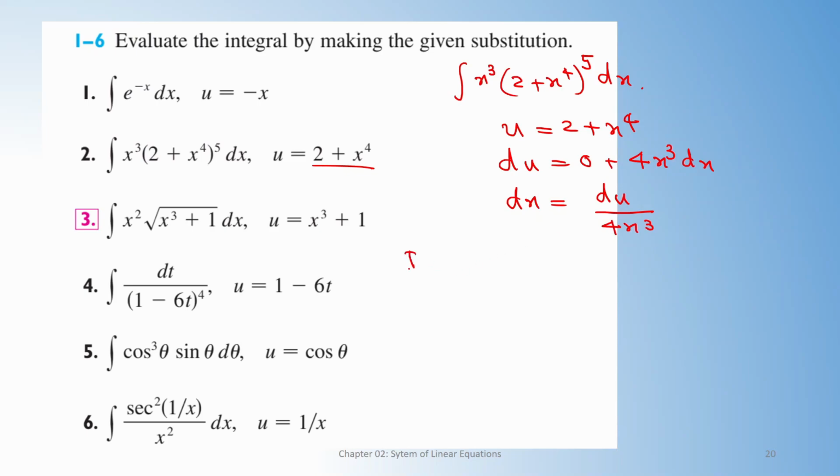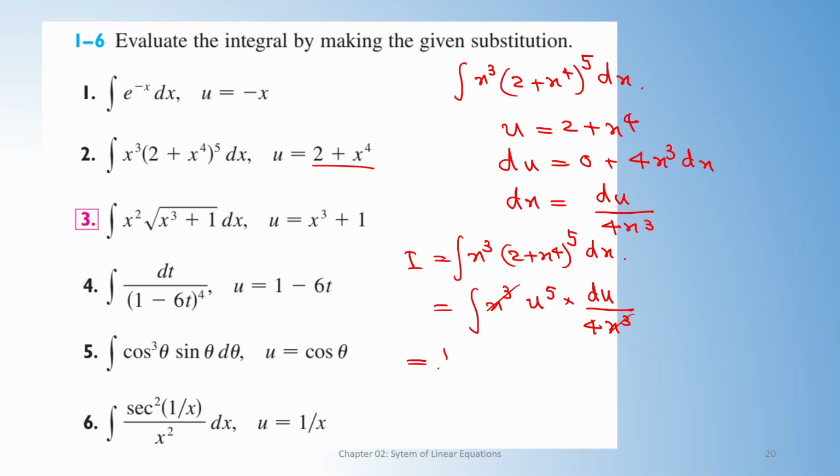Then the integration of x³ (2 plus x⁴) to the power 5 dx. Here 2 plus x⁴ is u, and dx is du over 4x³. x³ is cancelled, so 1 over 4 u to the power 5 du.